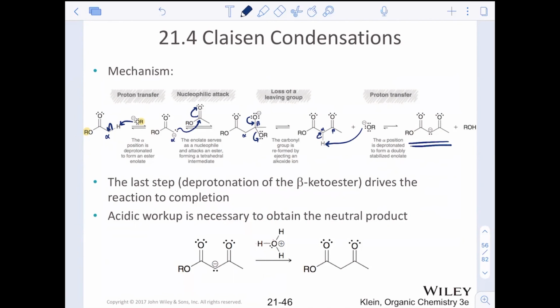So you do have to show that, even though you're like, Lauren, come on, I'm just going to put that proton back on. No, that is the last step that is driving the reaction forward. An acid workup is necessary in step number 2 so that we can isolate our neutral product, so that we can pop the proton back up on that alpha position.